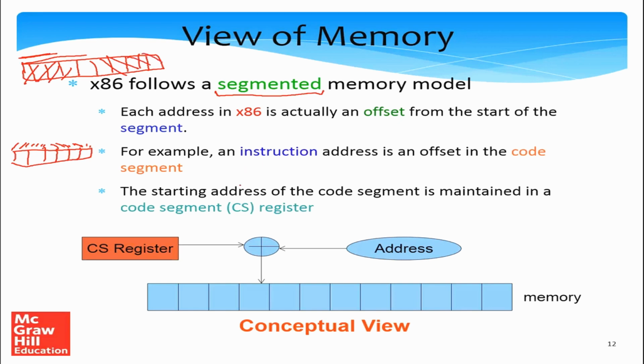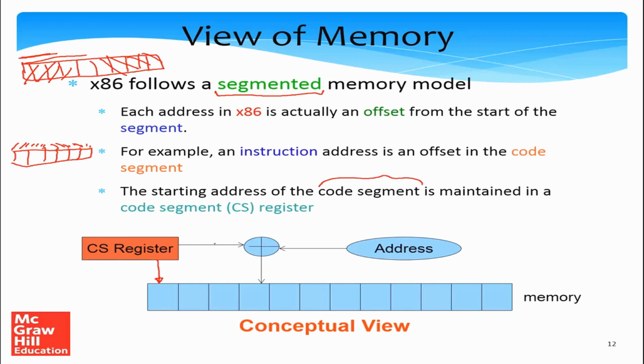So the way that this works is like this. Let's consider the code segment which contains the instructions. So the starting address of the code segment is contained in the code segment register. So when we have the address of an instruction, let's say the starting of the code segment register points over here in memory. Every address is specified as an offset from its corresponding segment register.